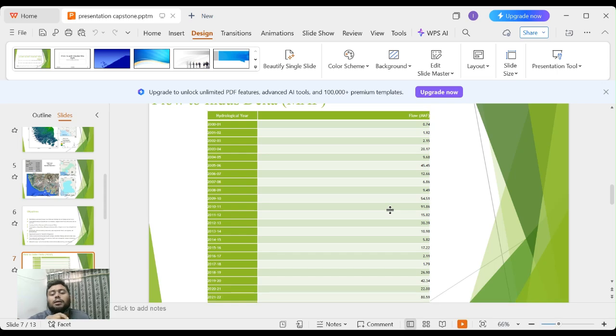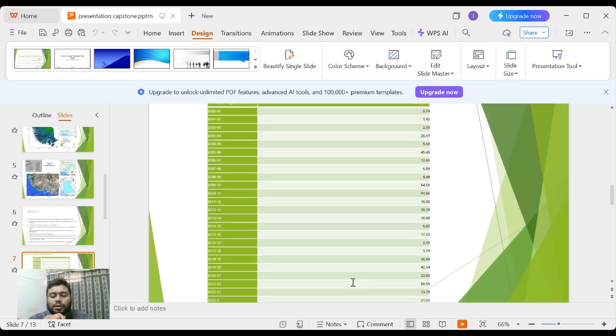flood. As we all know, flood waters are not good in general, but for the delta it is a blessing in disguise, as more fresh water is in that area. Then in 2012, 13, 14 there was again very reduced flow, and also the 2022 floods were there in Pakistan.